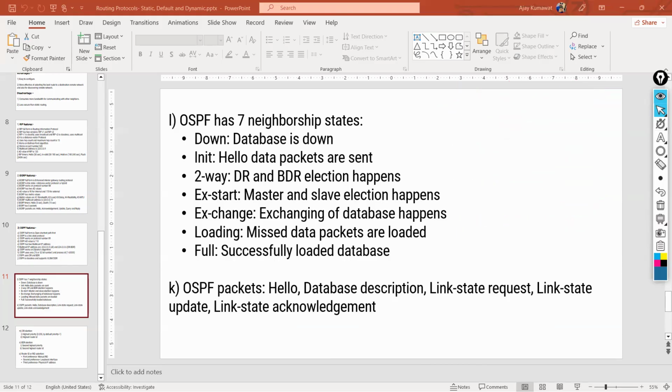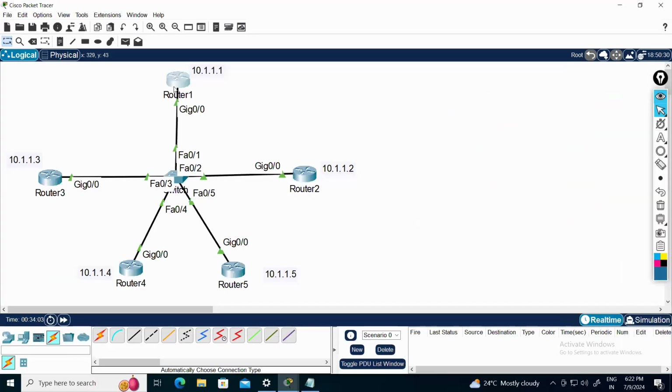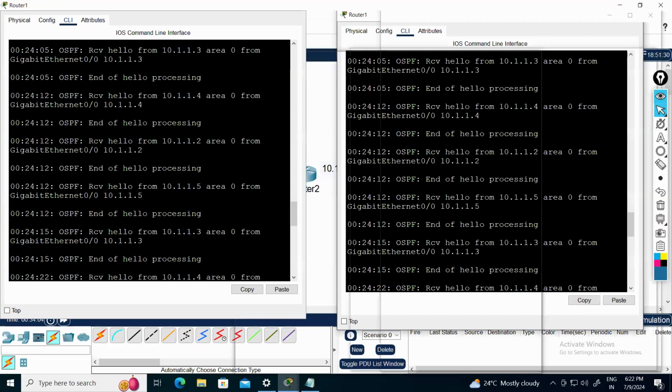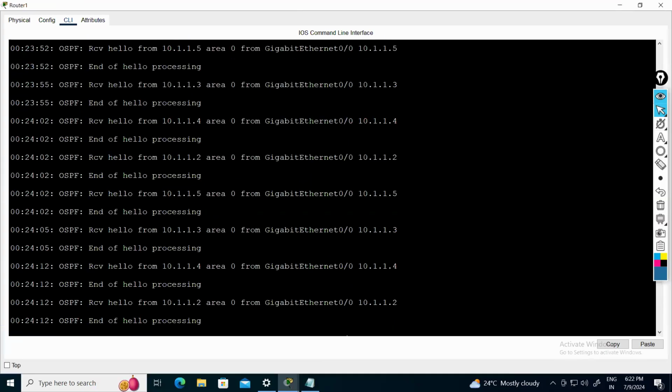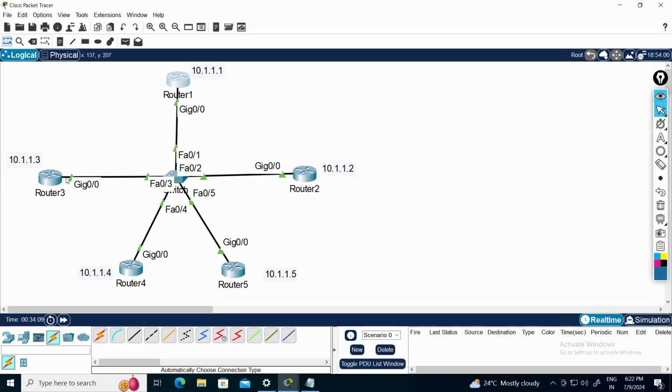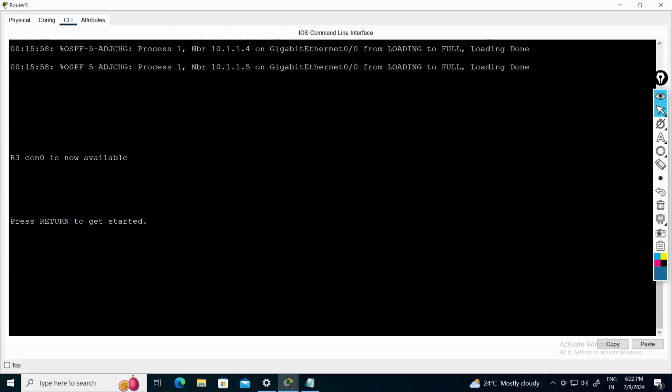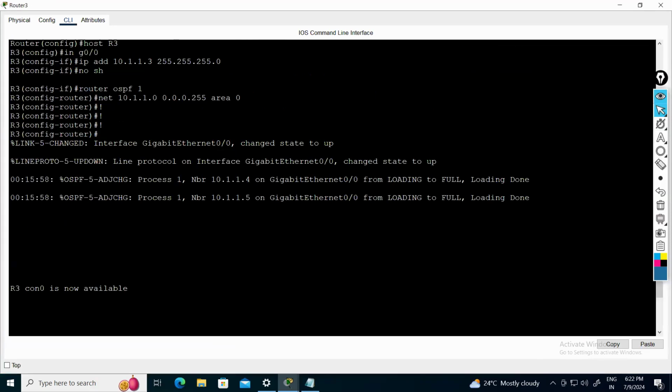And this is the reason when you check OSPF, let me show you in this one. They will say that your state changed from Loading to Full. That means they have completed the database exchange with these two routers. They are not exchanging the complete database with everybody.